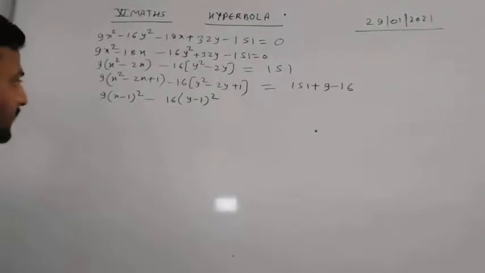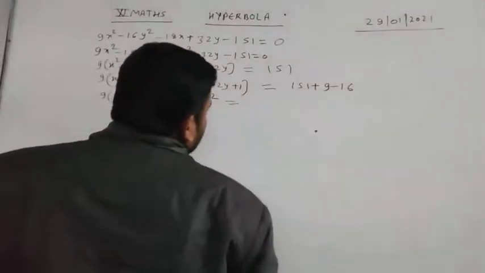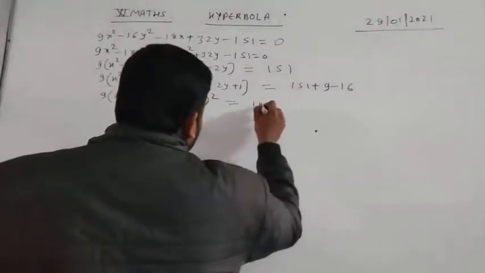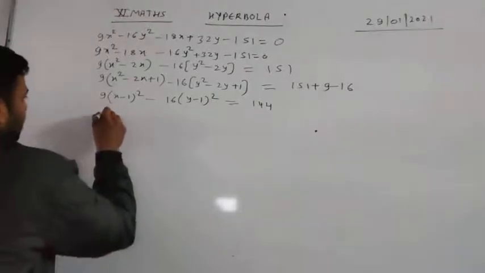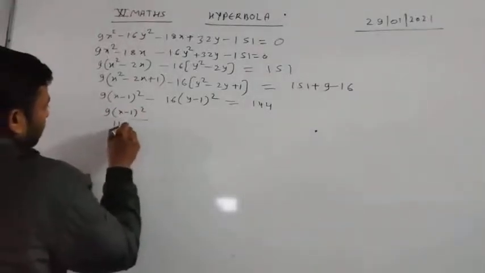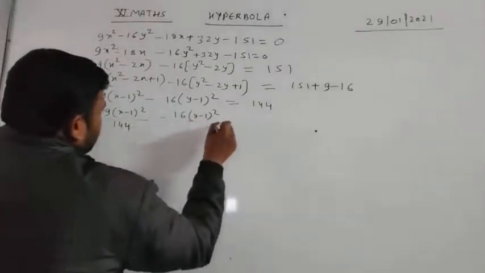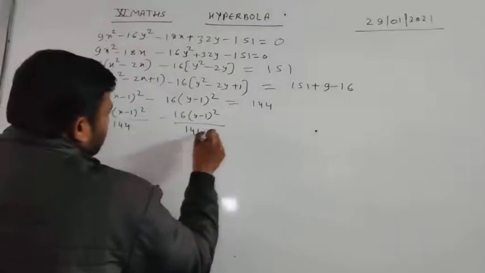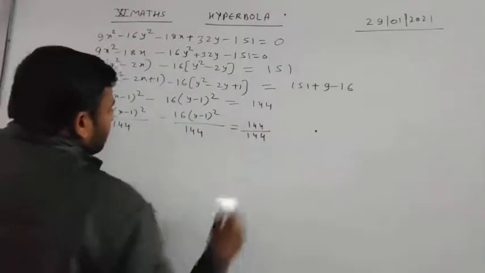On the right hand side, this is 160 minus 16, which will be 144. So this is 9(x minus 1) whole square by 144 minus 16(y minus 1) whole square by 144, equal to 144 by 144.